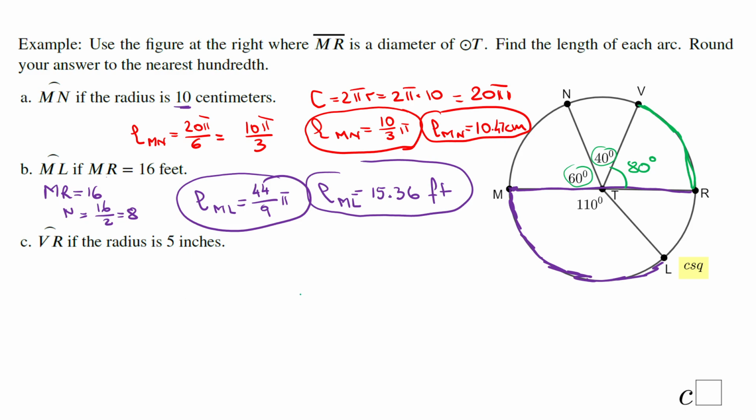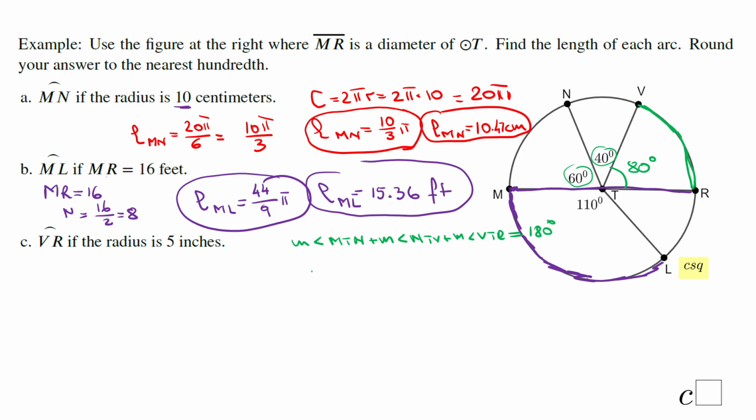So let me be sure I put some math down here. The measure of angle MTN plus the measure of angle NTV plus the measure of angle VTR equals 180 degrees.